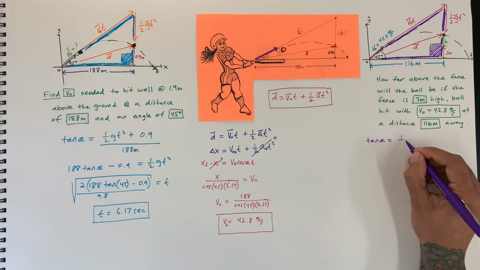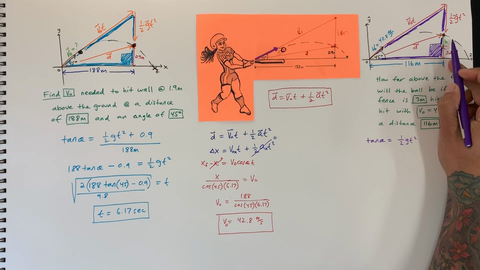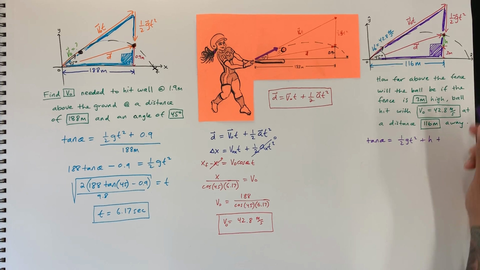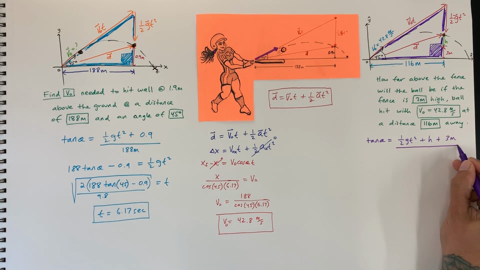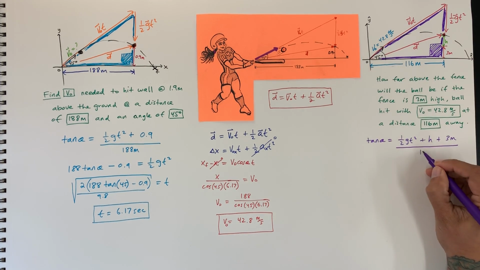Okay, so we have 1/2 gt squared plus the h, which is the height above the fence, plus the height of the fence, right, 3 meters, over the adjacent, which is 116 meters.